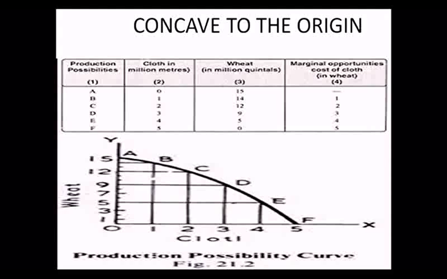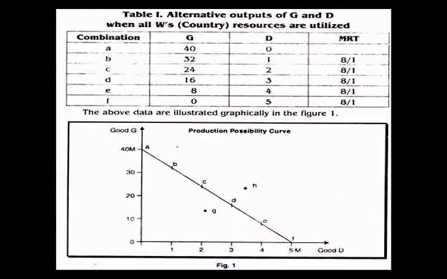And here you can see marginal opportunity cost continuously increases. So we get a PPC curve which is concave to the origin. This shape is called concave to the origin. It happens due to increasing marginal rate of transformation.